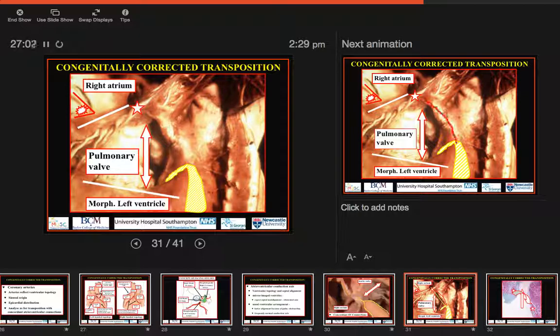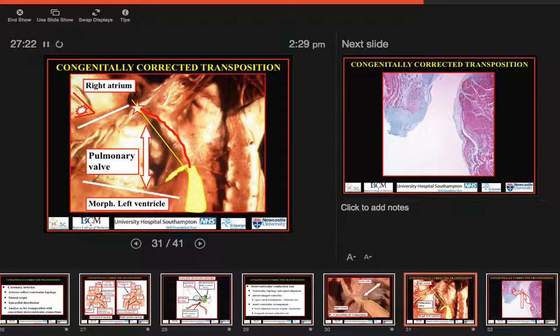So what happens in congenitally corrected transposition is that the conduction axis picks up one of those remnants of atrioventricular ring tissue, and the conduction axis passes in front of the left ventricular outflow tract.